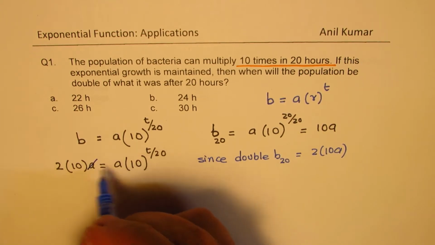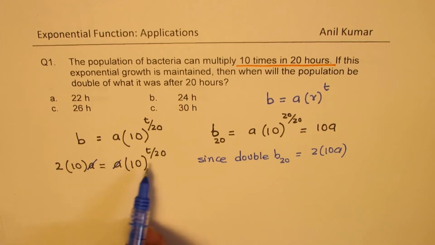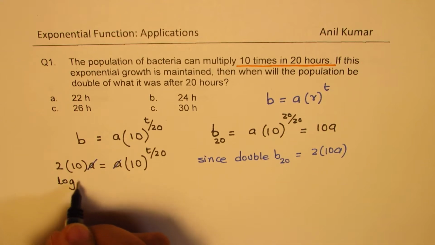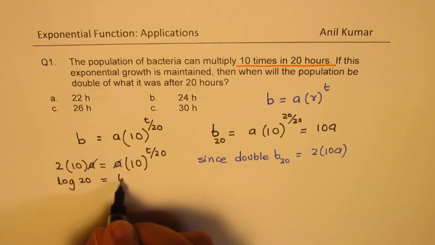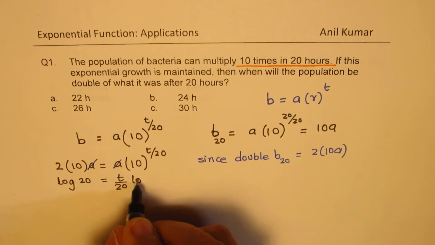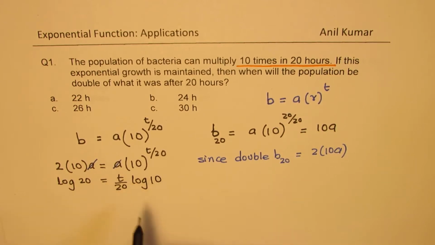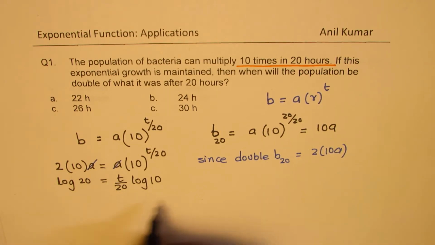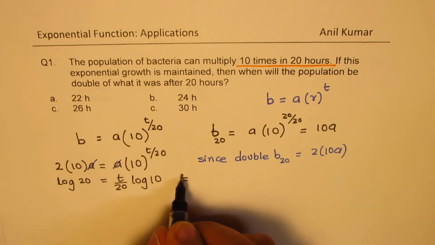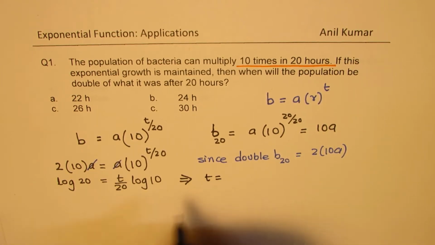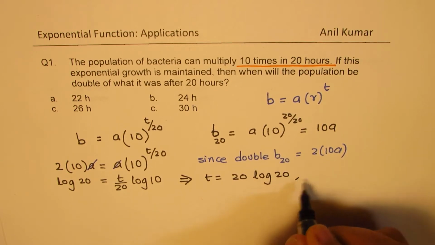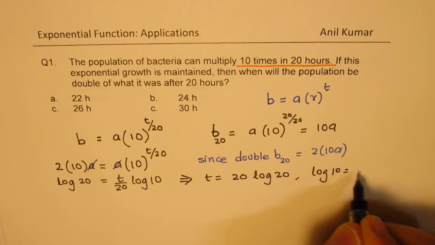Perfect. So you can simplify this, and you can take log on both sides. When you take log on both sides, we get log of 20 equals T over 20 times log of 10. The log of 10 is 1. So we can just multiply this by 20, and we get our answer, which is T equals 20 times log of 20, since we know log of 10 is basically 1.